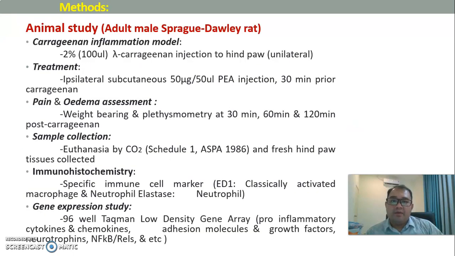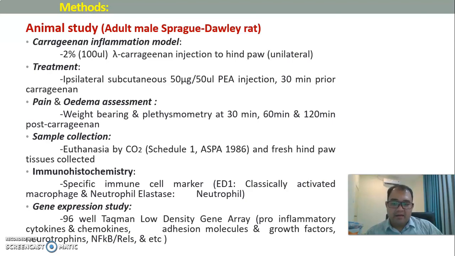Okay, so when we repeated the experiment, this is the in vivo methodology, where we again injected PEA 30 minutes before the Carrageenan, and then we assessed the pain and also the swelling by using a weight bearing machine and also plethysmometry at different time points.